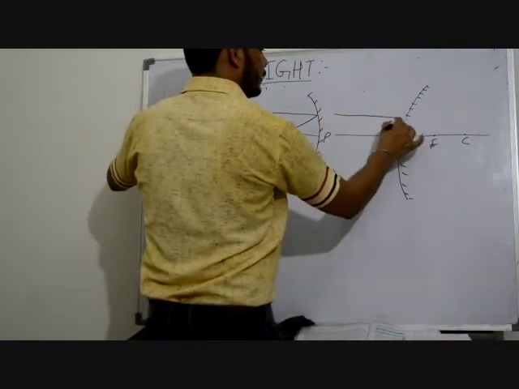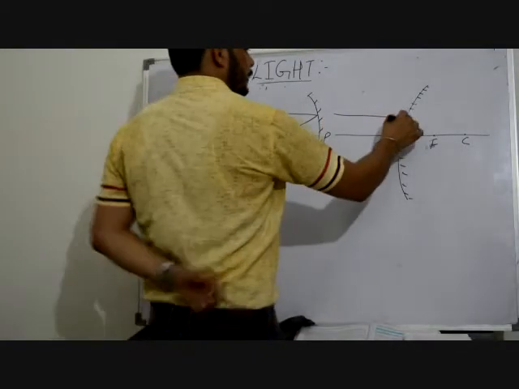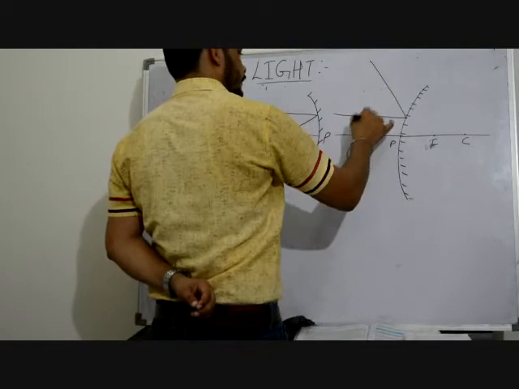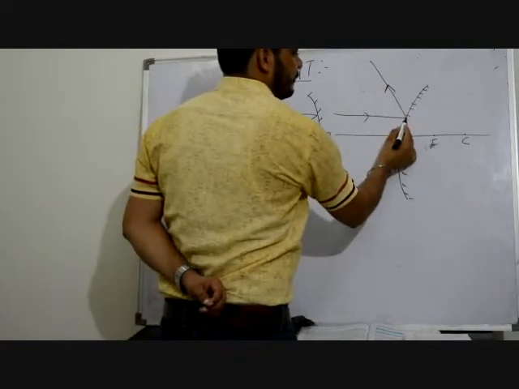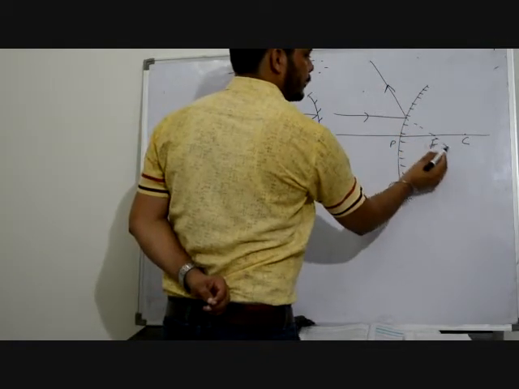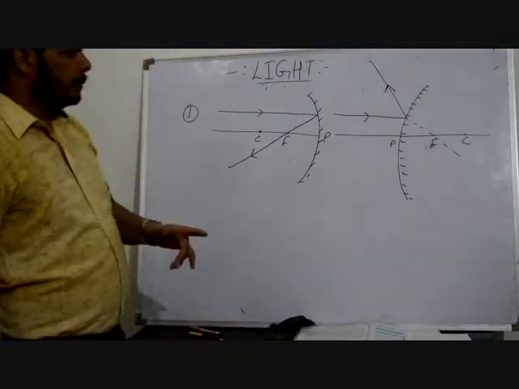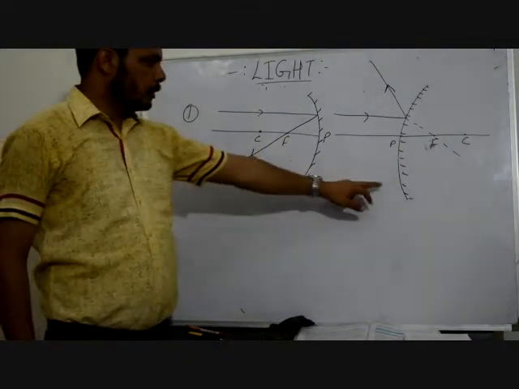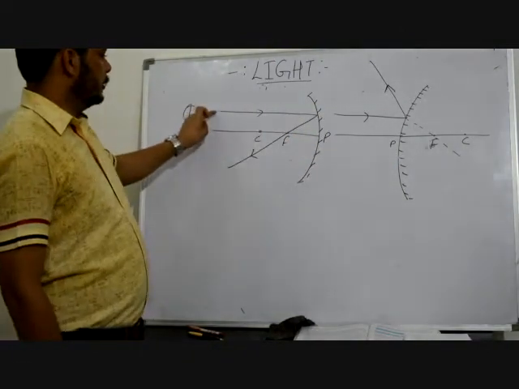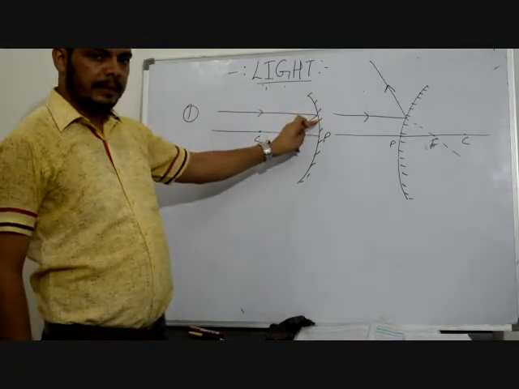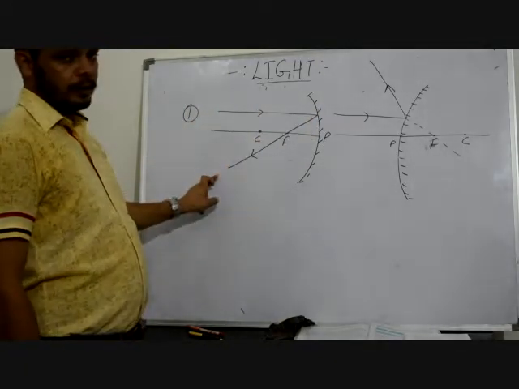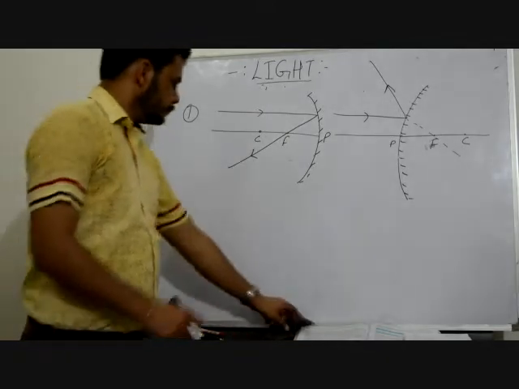Any light ray which comes toward it parallel to the principal axis will get reflected and appear to move from the focus. So you have to remember, either concave or convex, the ray which is parallel to the principal axis will go from the focus. This is the first law.